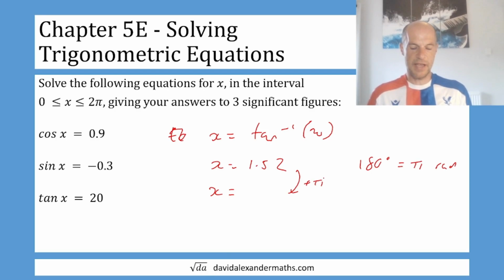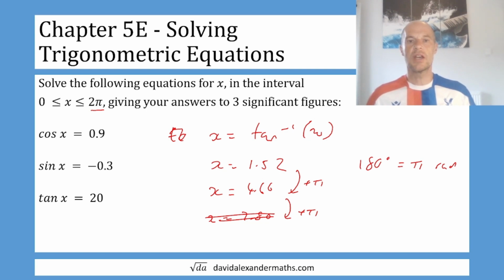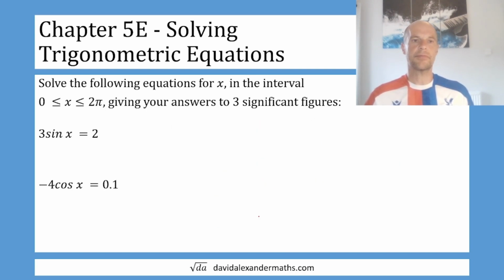So plus pi, that takes me to 4.66. And if I add another pi for my next solution, that will take me to 7.80. That takes me beyond 2 pi, obviously, so that is beyond the limit. So two solutions, 1.52 and 4.66.